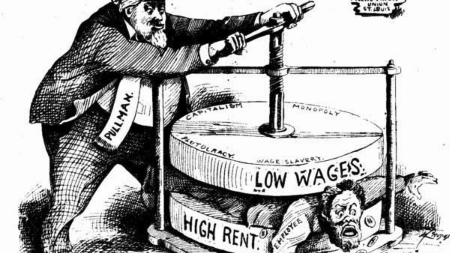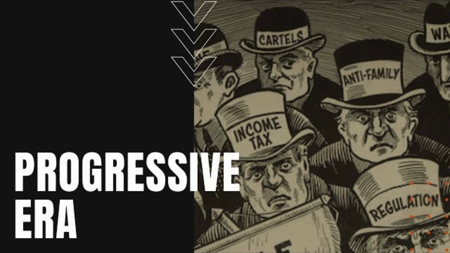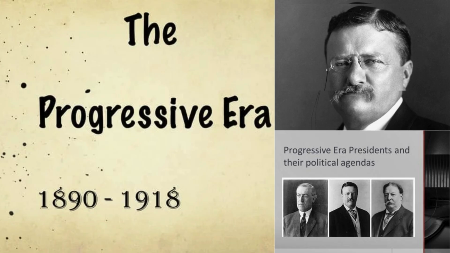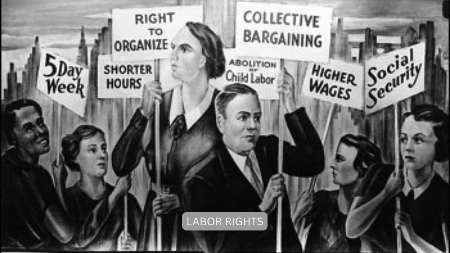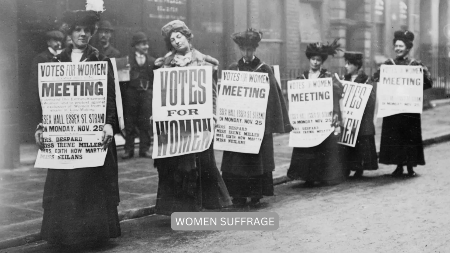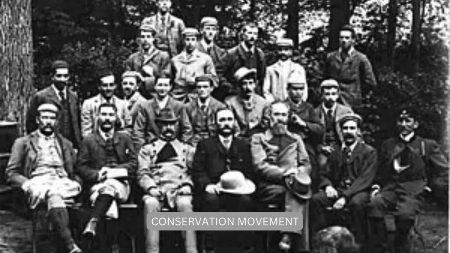The Progressive Era, spanning the late 19th and early 20th centuries, sought to address these issues through political and social reforms. Progressive leaders such as Theodore Roosevelt, Woodrow Wilson, and Jane Addams championed causes such as antitrust legislation, labor rights, women's suffrage, and environmental conservation.